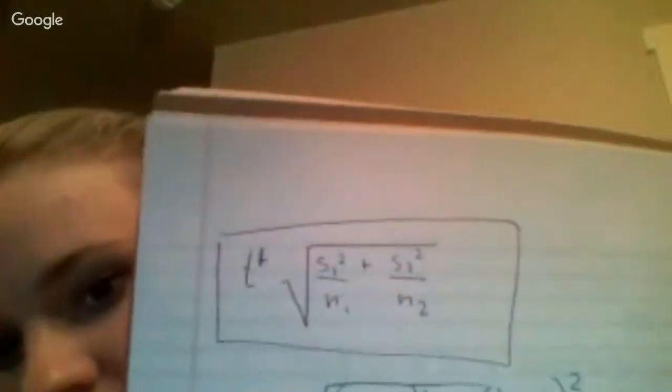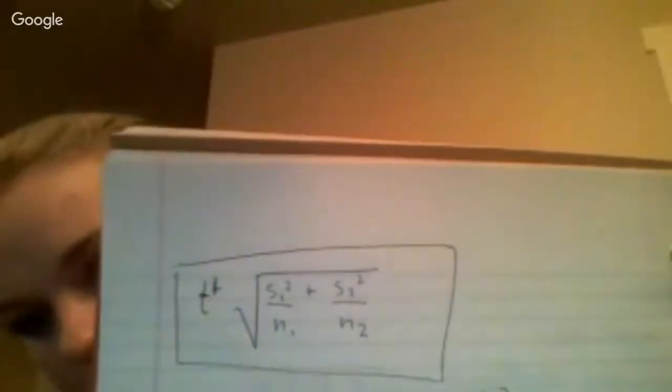It's T, the square root of S1 squared over N1 plus S2 squared over N2, times 1.96. That equation's right, but the answer I told you was wrong. I forgot to multiply it.